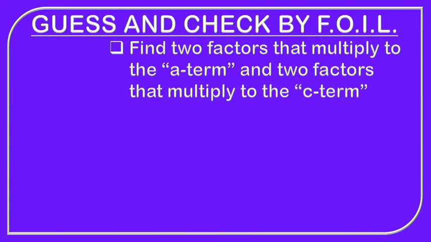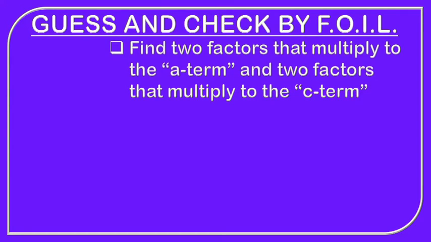Guess and check by FOIL. This is the method that you have to use when you don't have a difference of two squares and you don't have a perfect square trinomial. You just have to find two factors that multiply to the a term and two factors that multiply to the c term.